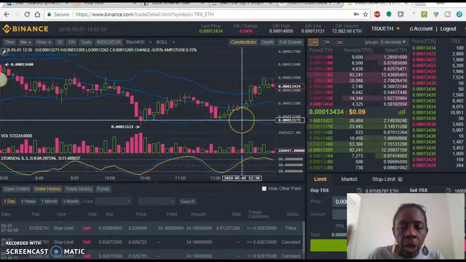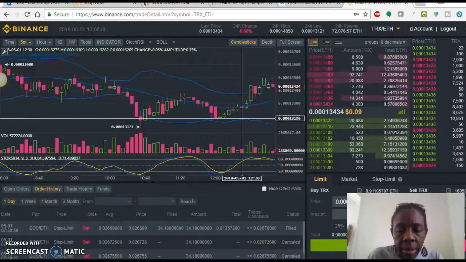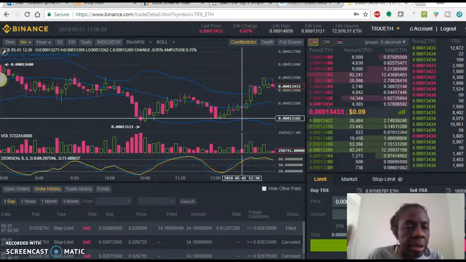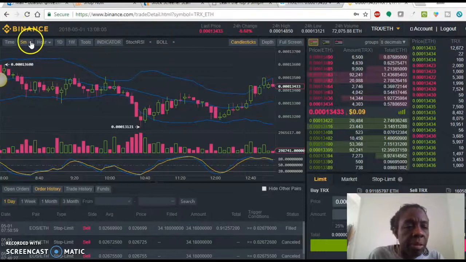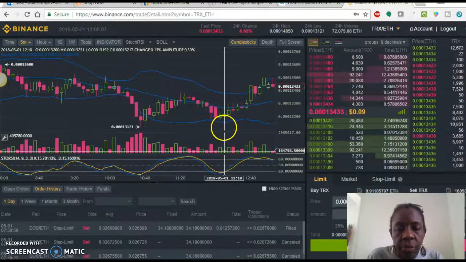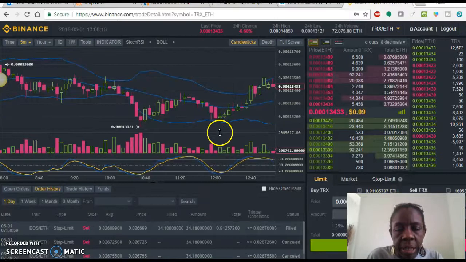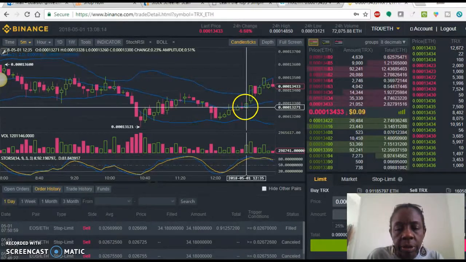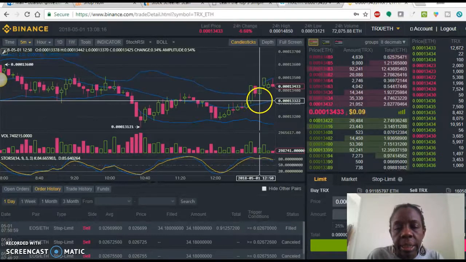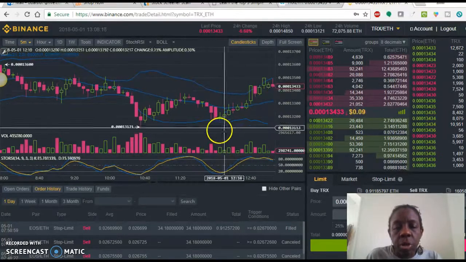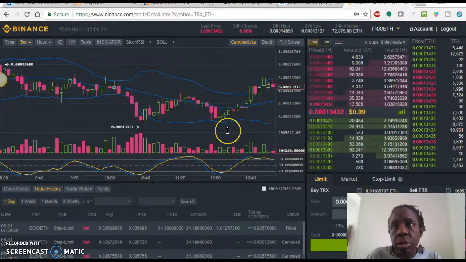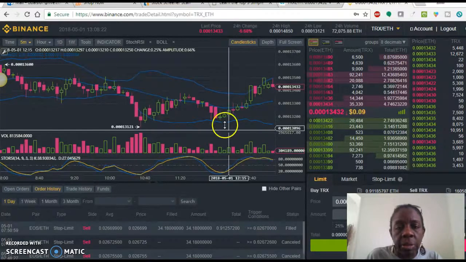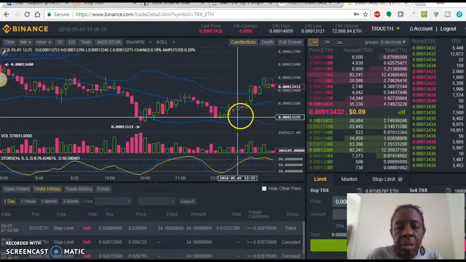So we have a low there, a dip right there, and then just how many blocks later? So this is a 5 minute chart, up here you can see it's a 5 minute chart. So each of these candlesticks represents 5 minutes. So let's see, 1, 2, 3, 4, 5, 6, 7, 8, 9, 10, 11, 12. So over the course of an hour, that's 12 times 5 minutes.